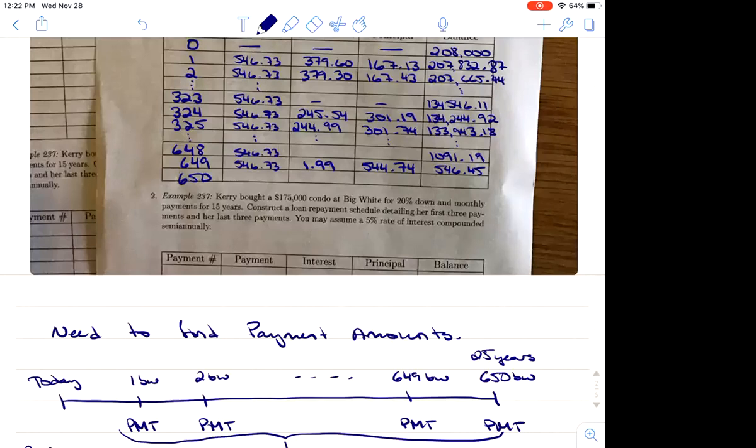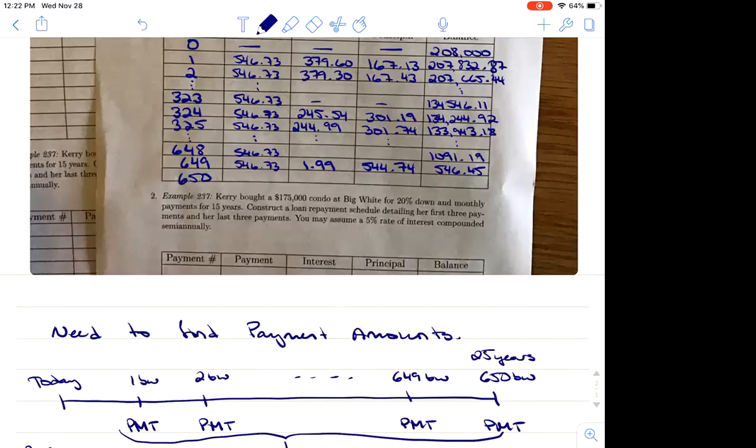So you can put zero here, but that also means that the amount of principal that you have to pay must be $546.45. So you put zero here, and then you transfer this balance to the amount of principal. You have to pay that off. But you also have to pay interest on the $546.45.